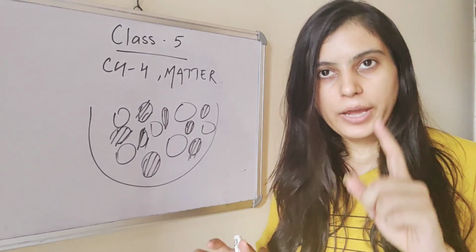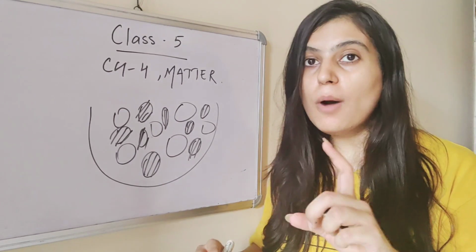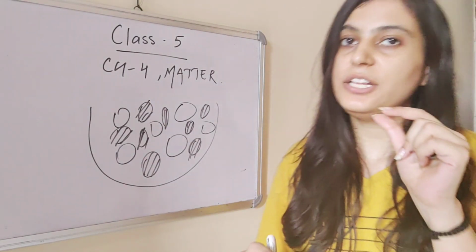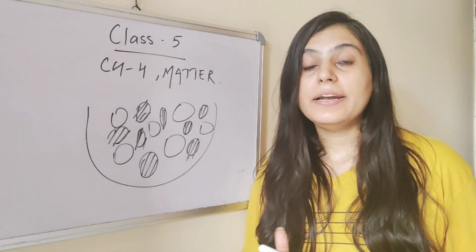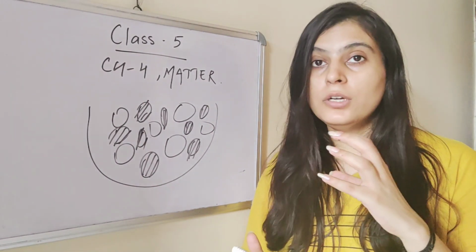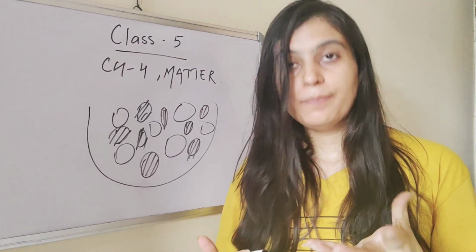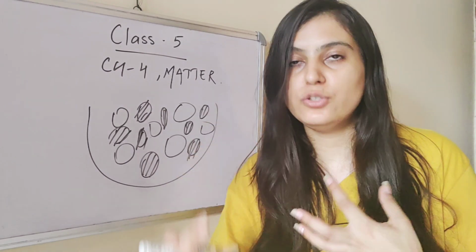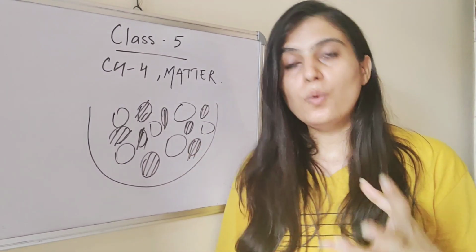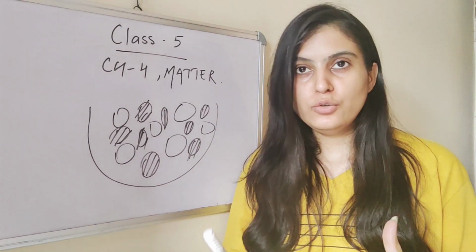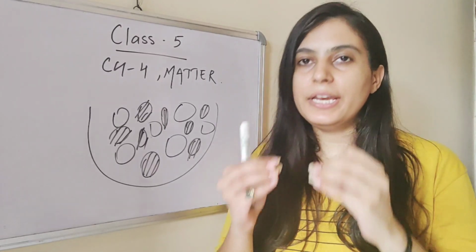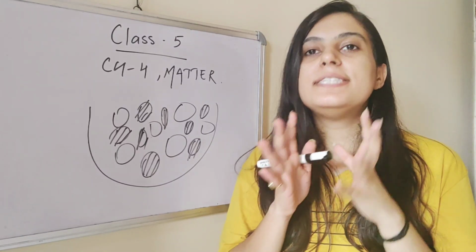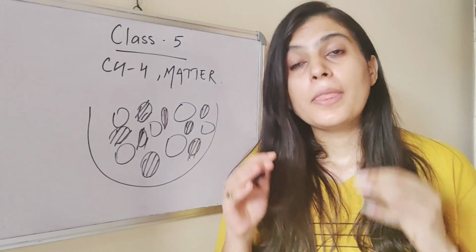The point where the salt stops dissolving is the saturation point, and that solution is called a saturated solution, in which no solute or salt can be dissolved further. So, when a solution cannot dissolve any solute further, it is called a saturated solution.